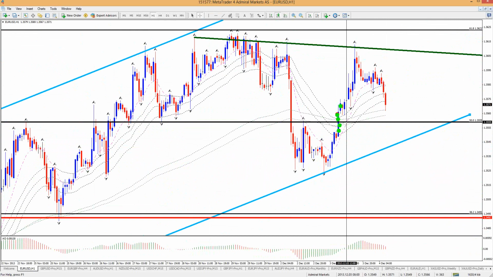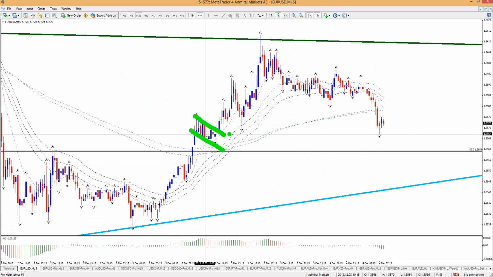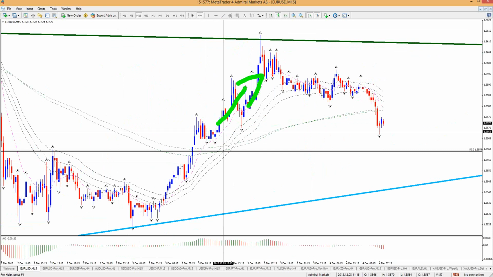And I said I want to see a bullish candle after that, or confirmation. We did get that. If we zoom into the 15, you can see we did get that small bull flag that I was talking about. And then the break after that, we did get the continuation, as I was saying. Wait for confirmation, wait for the small bull flag, and we'll get that follow through on the euro dollar to the upside because it was looking bullish. The price action on the 1-hour chart was bullish.